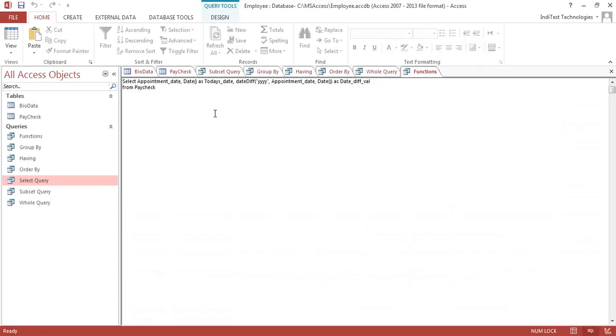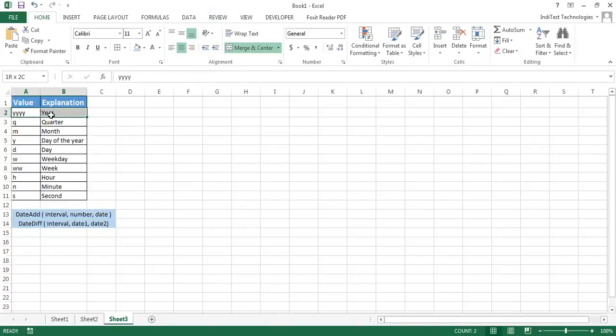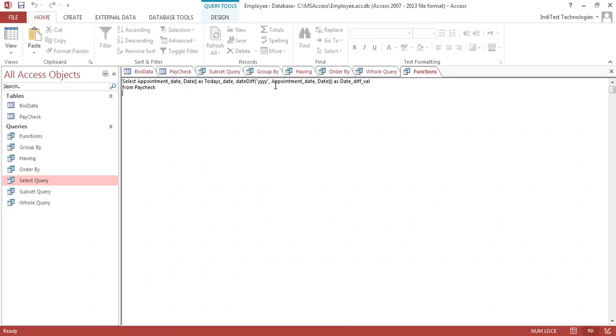So the way I've written it is that I have selected the appointment date and today's date using the Date function, and I have used the DateDiff function to calculate the number of years. I've written y because this is what you use for years as the interval. And then I've used the appointment date as the first date and today's date as the second date over here.